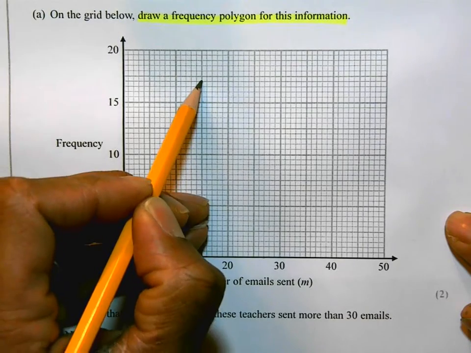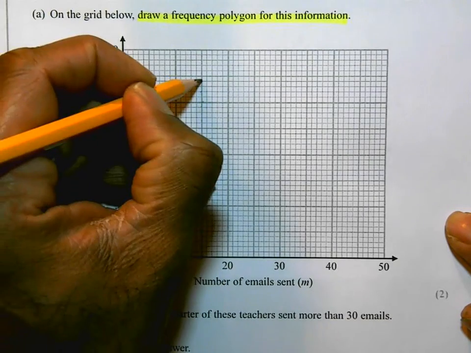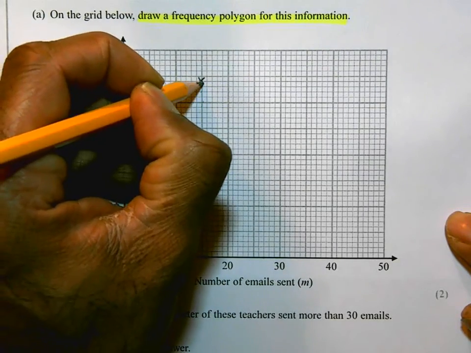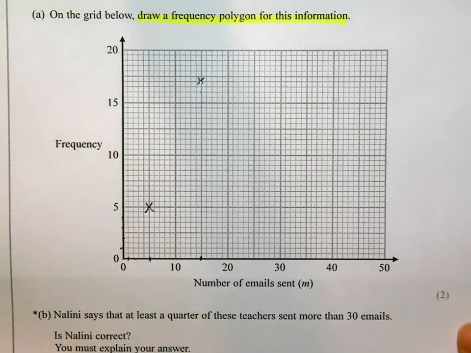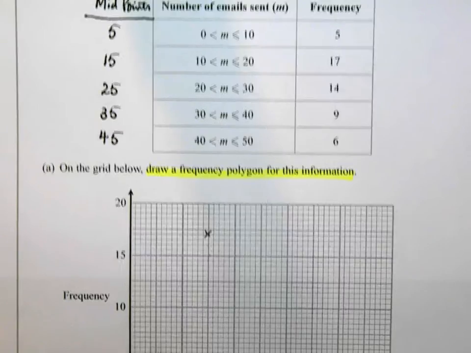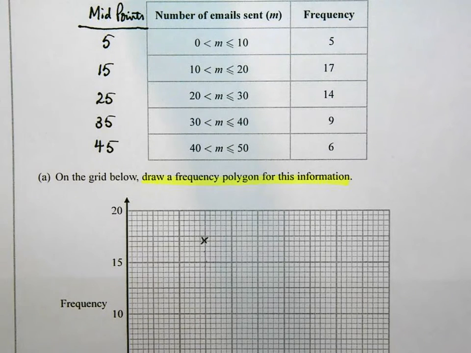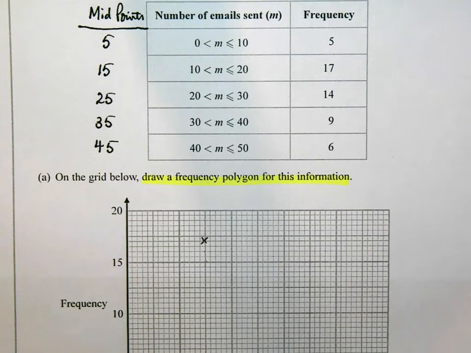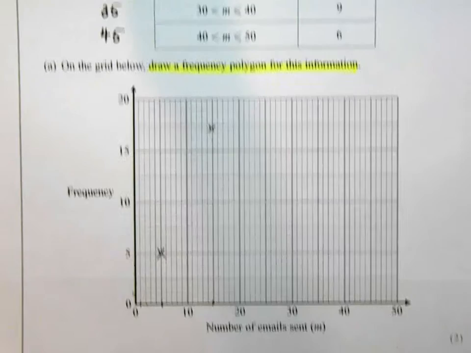The next one, the midpoint is 25 and the frequency is 14. So going across and up, 25 and then up to 14.